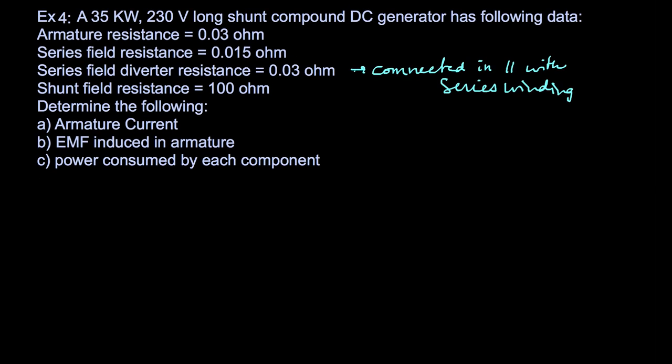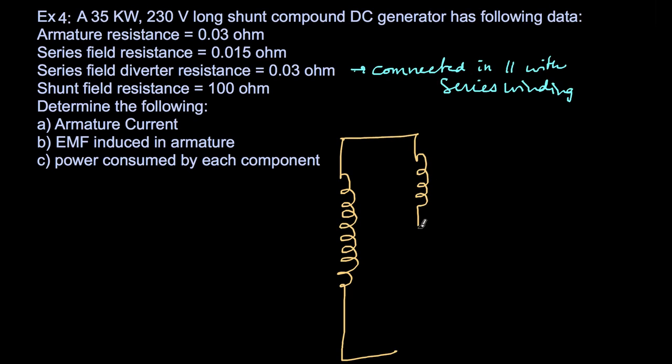As usual, I'll begin by drawing the circuit diagram. So what is this? This is a long shunt compound DC generator. Let me use this place. I'll draw it here. This is the long shunt generator.